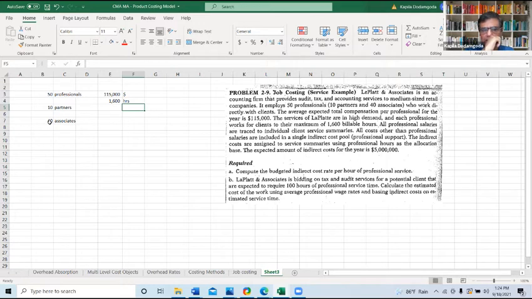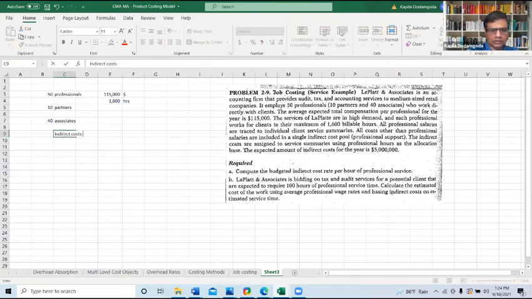The indirect costs are assigned to service summaries using professional hours as the collection base. So the indirect costs are based on the professional hours, right?